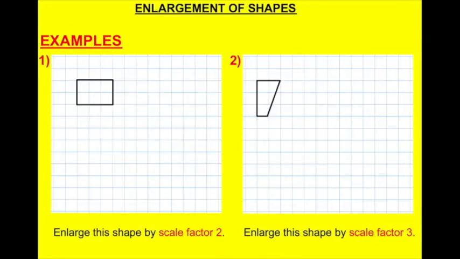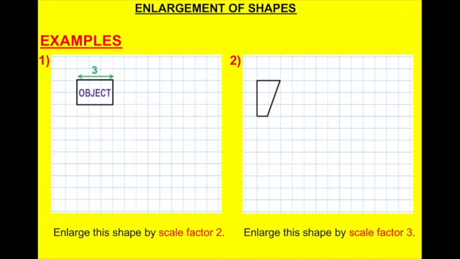Let's take a look at some examples. Okay, let's start with this example one. Given this rectangle, this is the object, and then the instruction says enlarge the shape by scale factor 2.